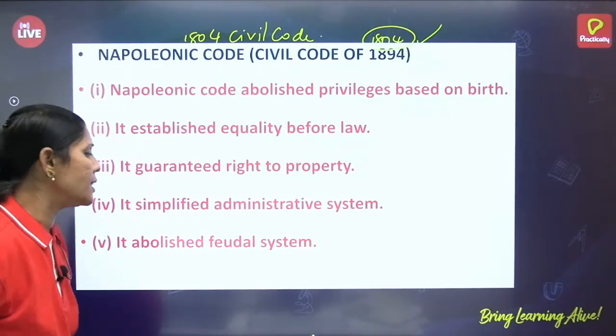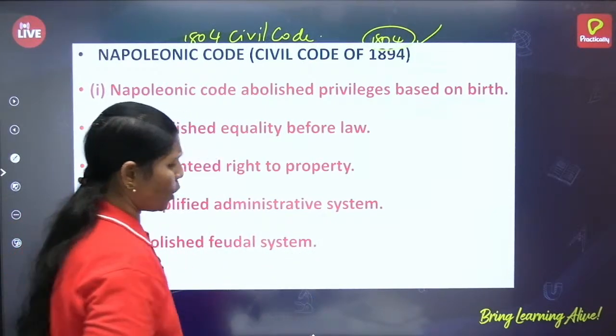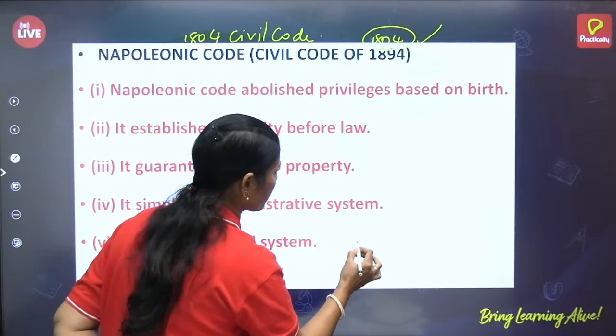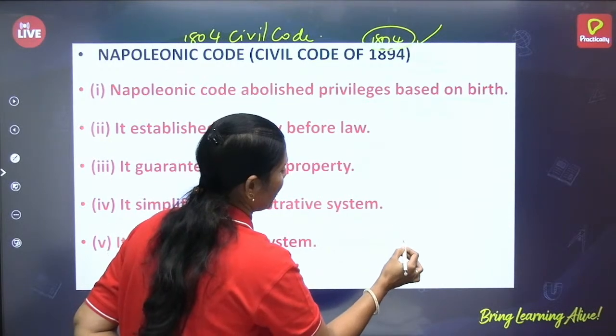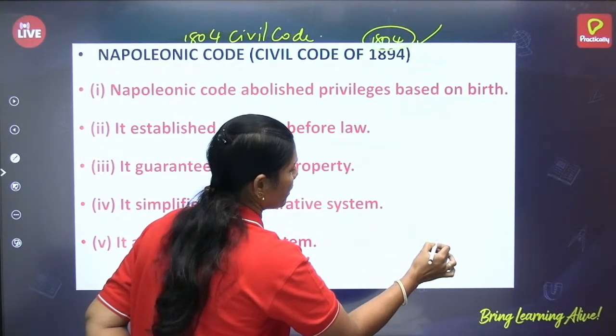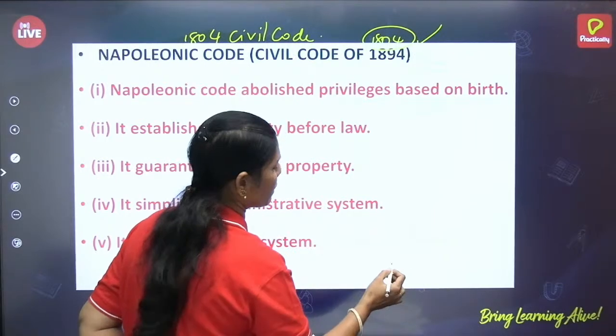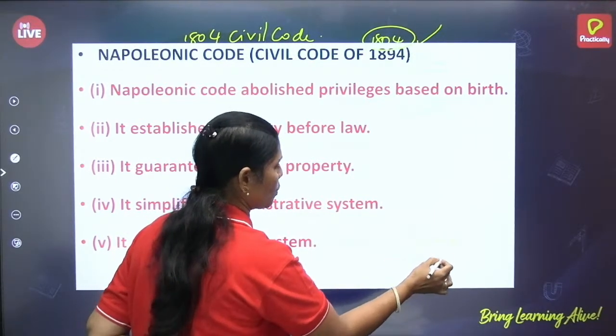So this feudal system was abolished, the manorial dues for the peasants were cancelled, and the peasants were also distributed lands.